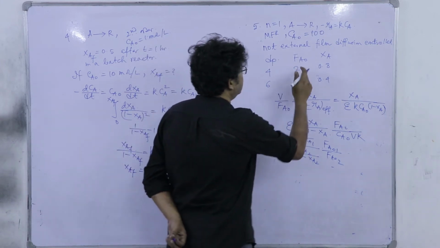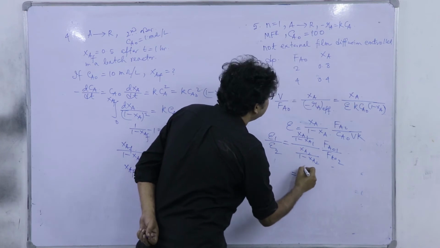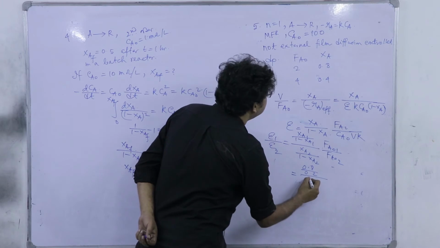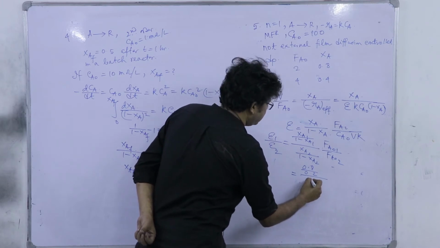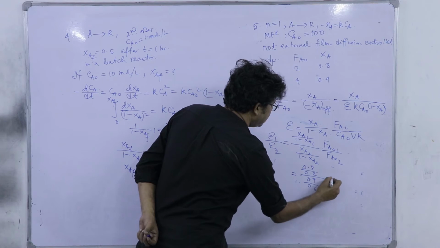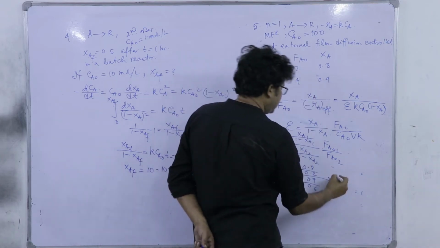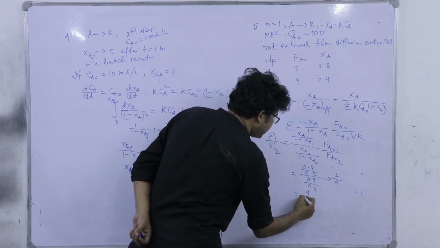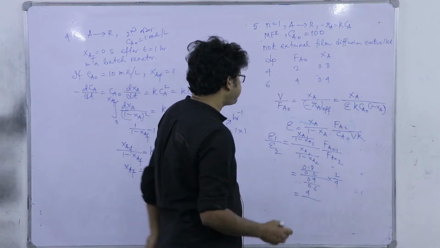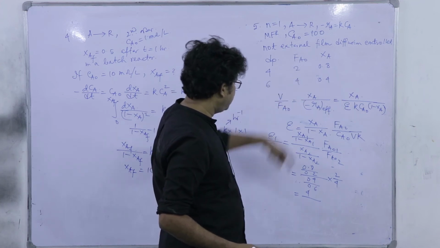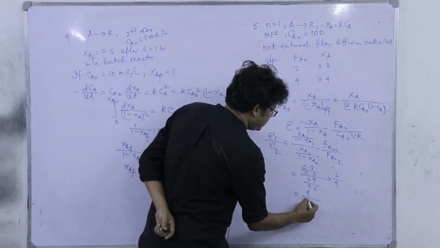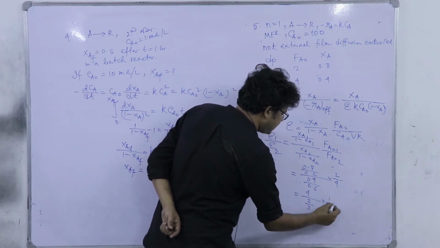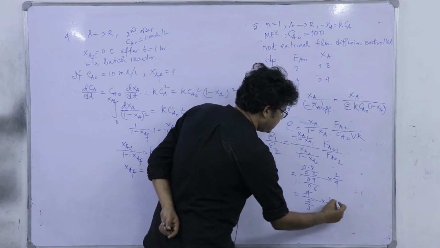So this is 0.4 by 0.6 into 2 by 4, and for the second case, it's 2 by 3, so it is half. So it is 3.